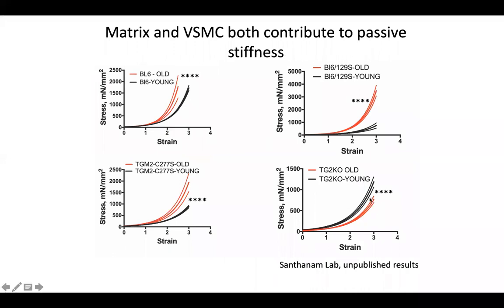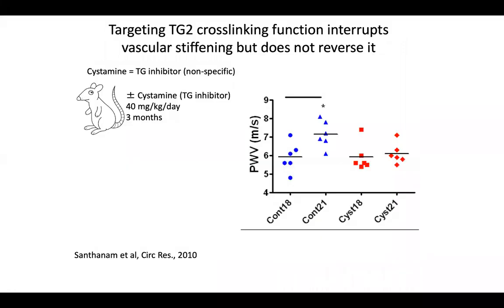And then in the TG2 knockout mice, actually puzzlingly, there's a decline in the vascular stiffness that we note with aging. And we believe that this could be because of complete loss of any matrix remodeling program in the TG2 knockout mice.